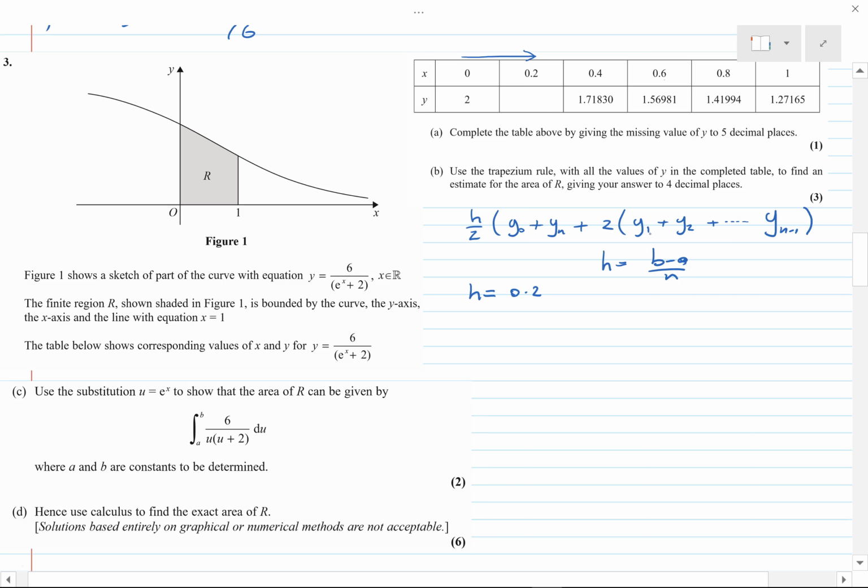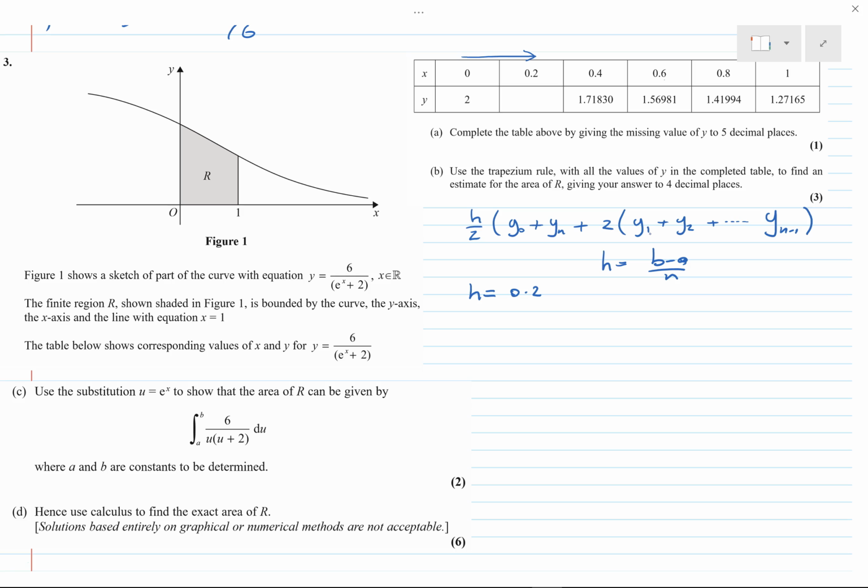It's a waste of time here, but you might find it useful if you have to write your own table. But make sure you get n correct. And the worst case scenario is when you're given a table anyway, you don't need to use that formula, and then someone goes and uses it wrong. They do 1 divided by 6, and they get complicated numbers, and they lose most of the marks.